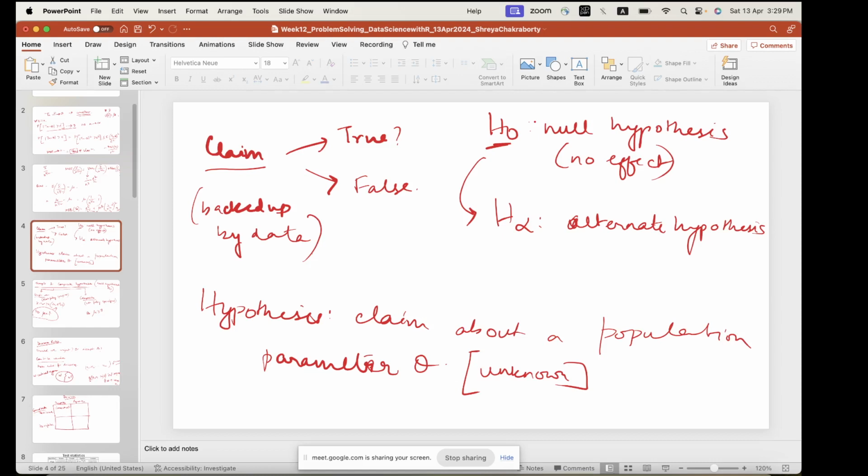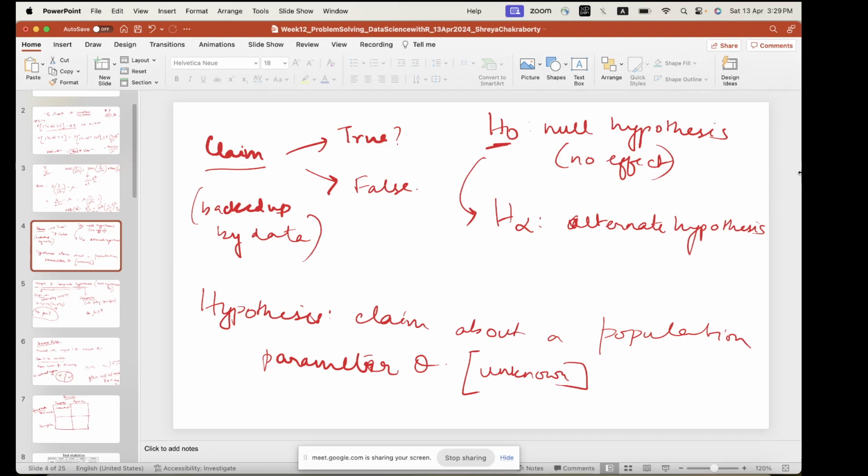An alternate hypothesis is usually the one which we would like to believe in, because when we test a hypothesis, we actually reject the null in favor of the alternate. It doesn't mean that the null is the ground truth, or that there is no effect. If we are rejecting H naught, it doesn't mean that the alternate hypothesis is the ground truth.